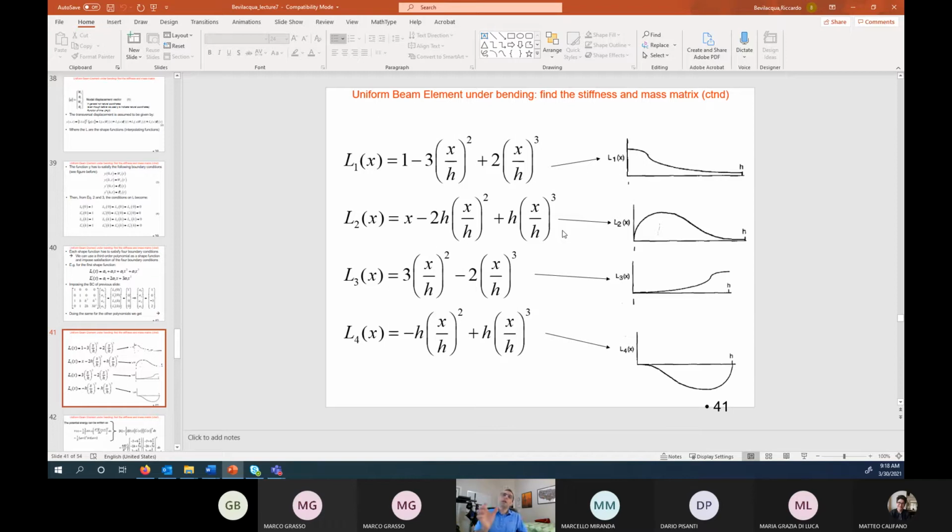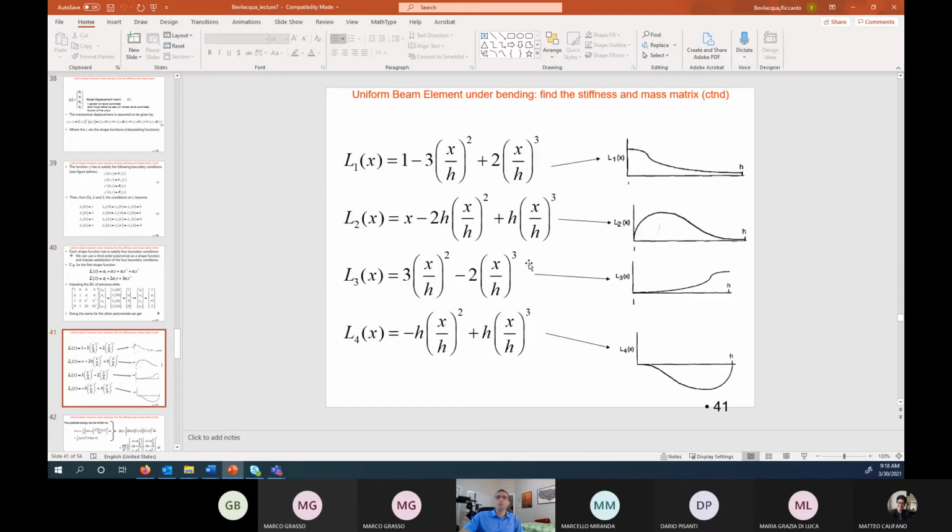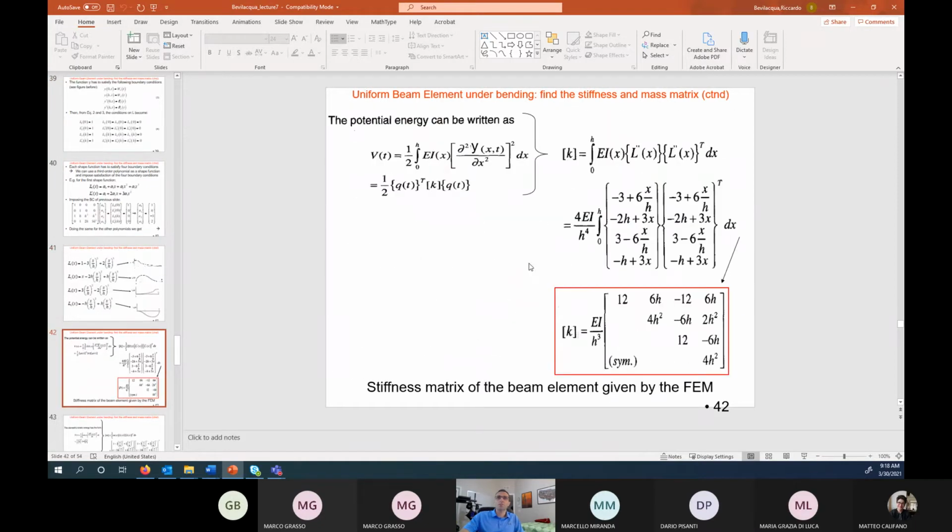Again, we're looking at one finite element, and all I'm doing so far is saying that I have 4 variables of interest: vertical displacement on the y and slope. I want them to look like this, and this is what I get in terms of interpolating functions.